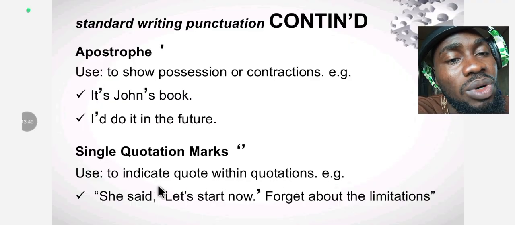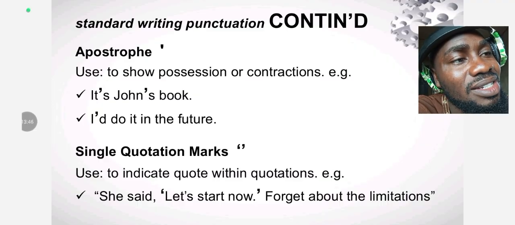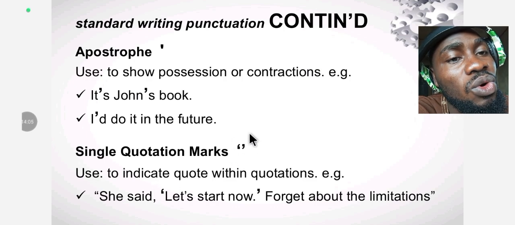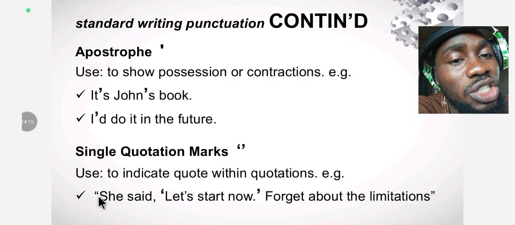For example, when there is a long quotation and you want to signify a quote that is inside that large parent quotation, you want to show the subset of quotation inside. You use this single quotation mark. For example, she said, you can see the double quotation mark.